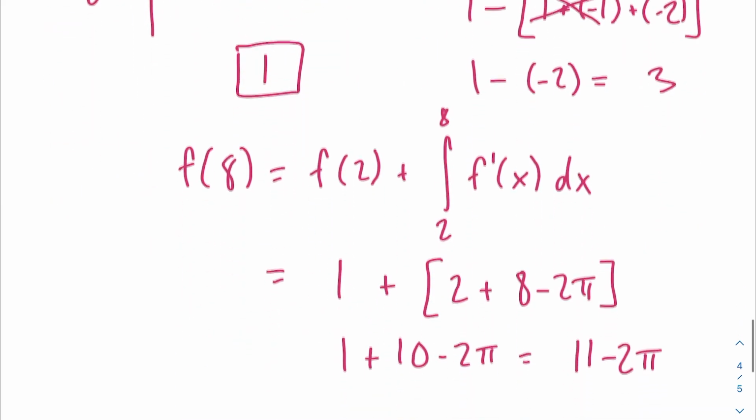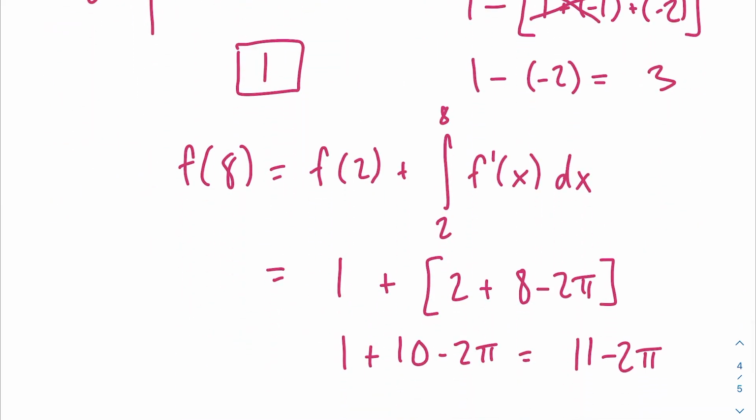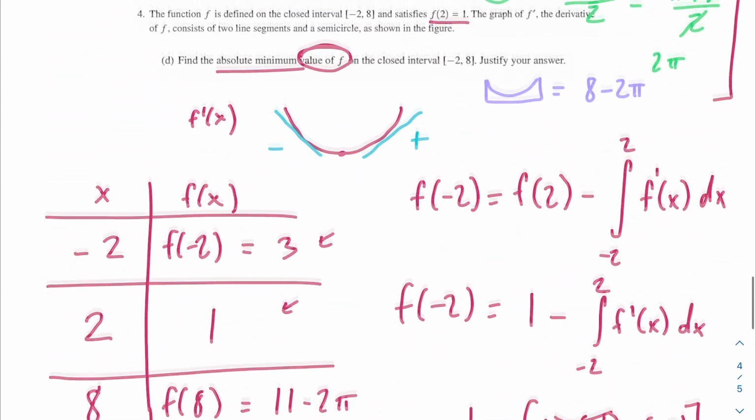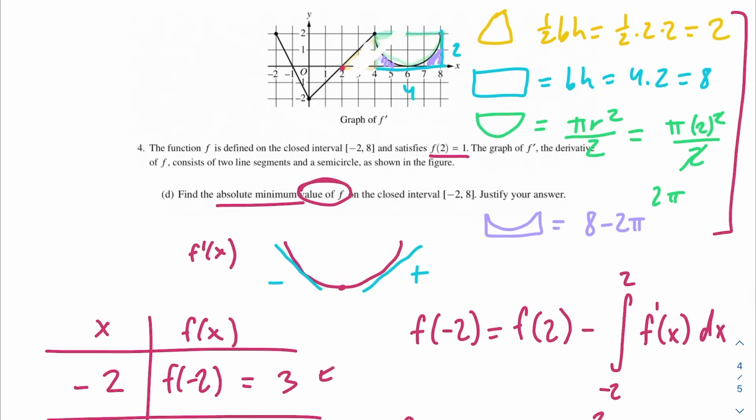So I went ahead and I solved the area under the curve from 2 to 8 of f prime of x. You might actually notice I didn't really need to do that. The reason why is we started with f of 2, which is 1, and then we added the area under the curve from 2 to 8. You might notice that the area under the curve here is going to be all positive, right? It's all above the x-axis.